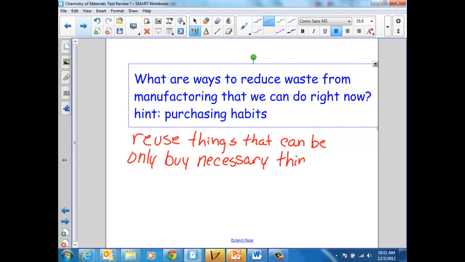Don't just buy something because the newest thing is out. If your old one works, keep it. Now if your iPod is broken, well, yeah, you've got to get a new iPod or your cell phone. But if every time a new iPhone comes out, you have to get it just because you have to get the next best thing, then you are increasing the amount of waste.